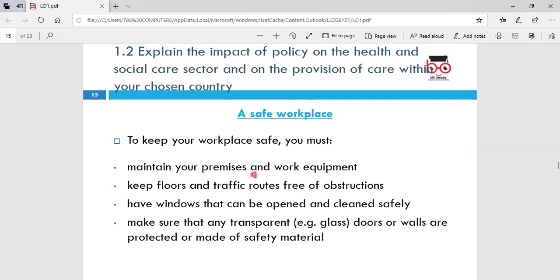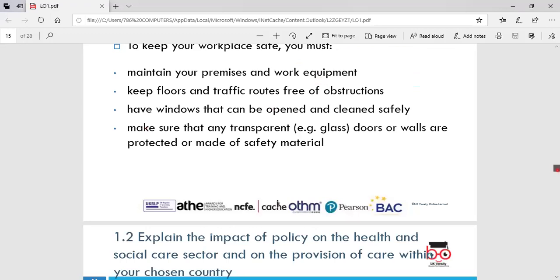You maintain your premises and work environment, keep floors and traffic routes free of obstructions, have windows that can be opened and cleaned safely, and make sure any transparent material, such as glass doors or walls, is protected or made of safety material. So you might not see very much of these in offices.